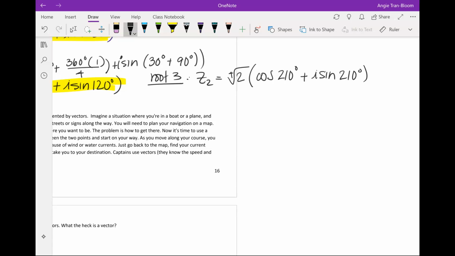That's root 3. Root 4: Z subscript what? 3. 4th root of 2. Cosine of what? 300, even. Plus I sine of 300.